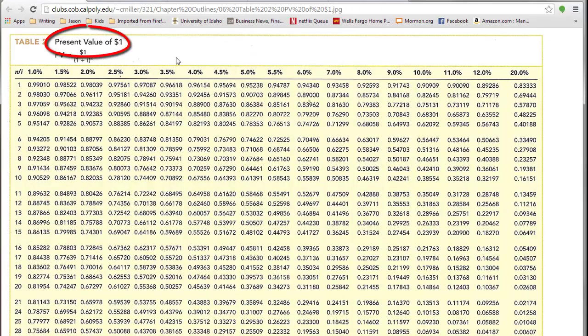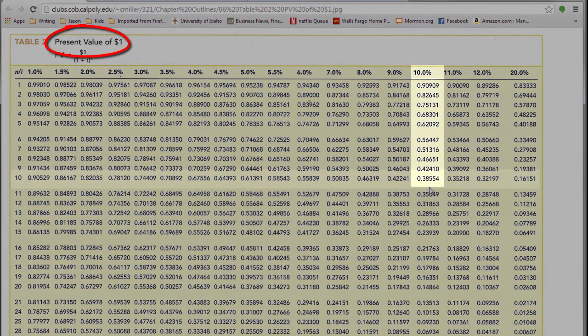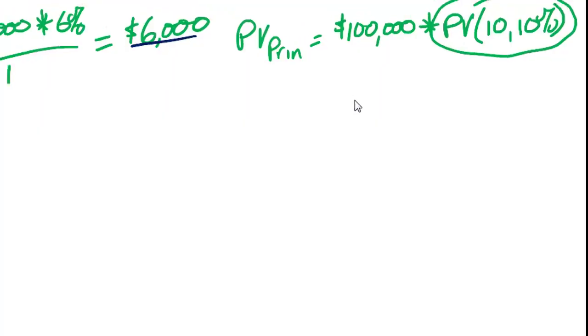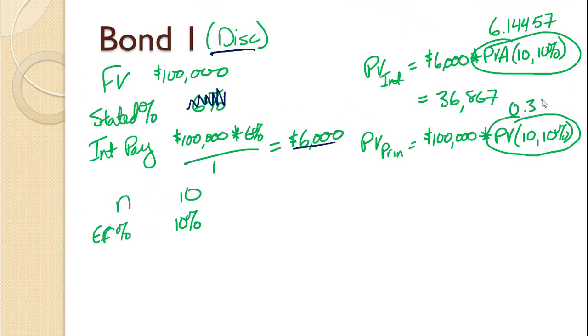Just make sure it's a present value of $1, and it is 10%, 10 periods, 0.38554. And if I multiply that, I get $38,554. So now I can calculate the bond value as the present value of the interest plus the present value of the principal.